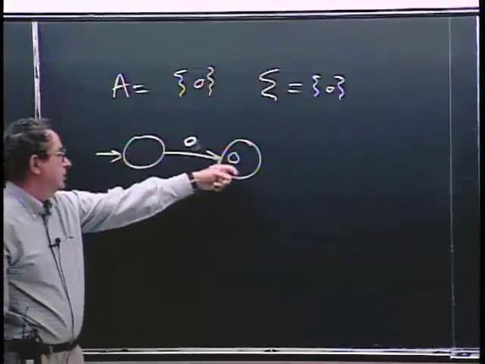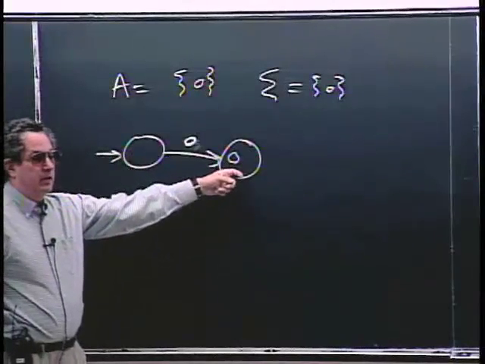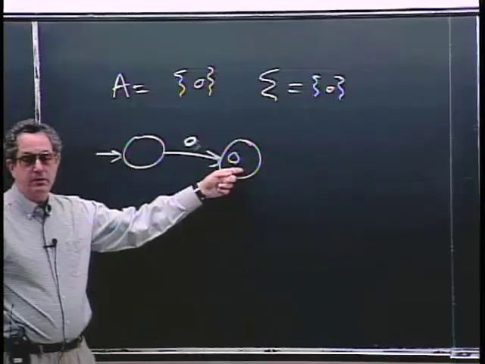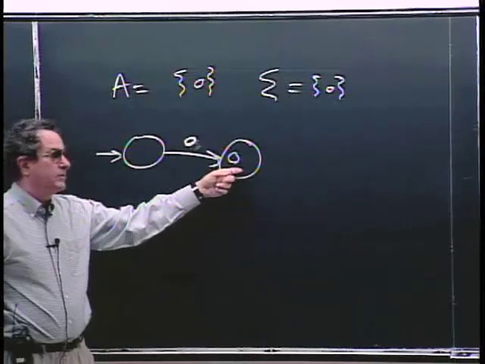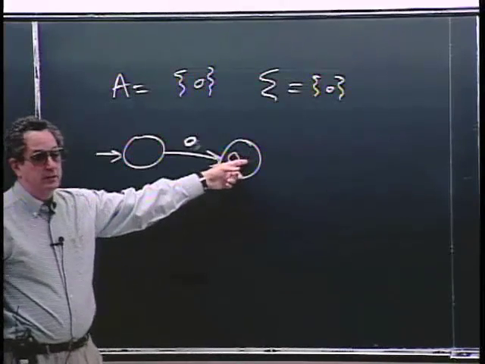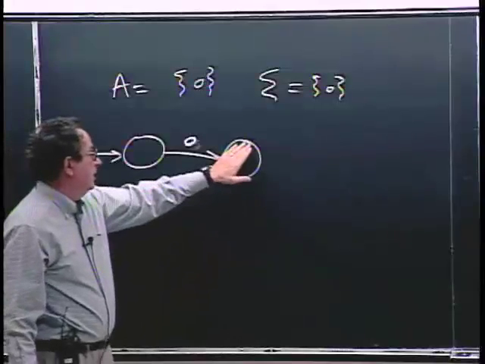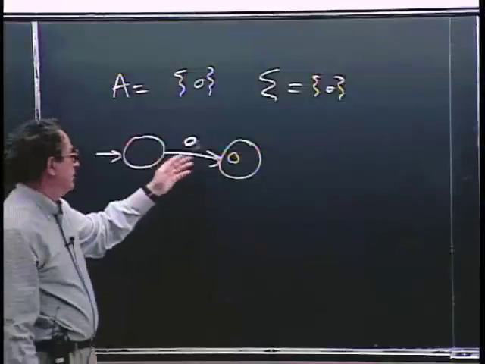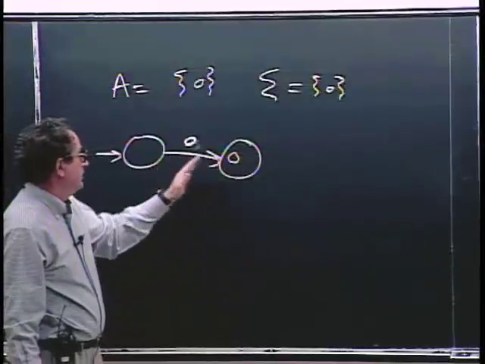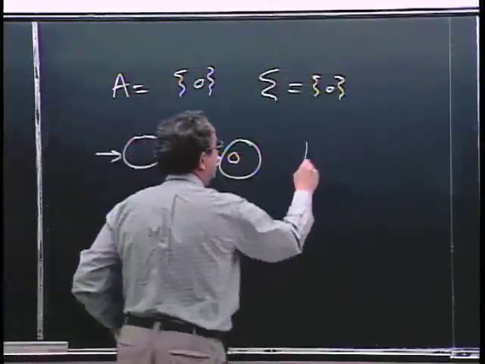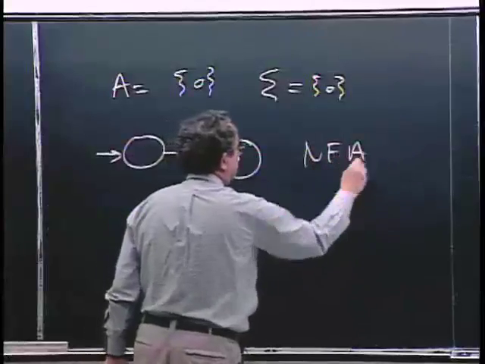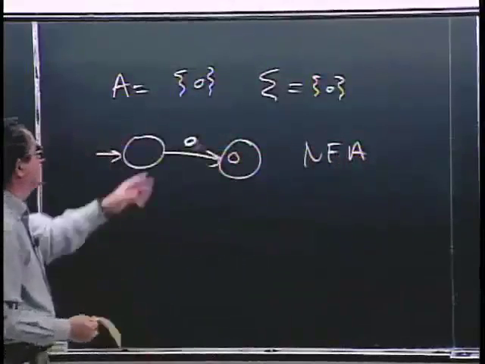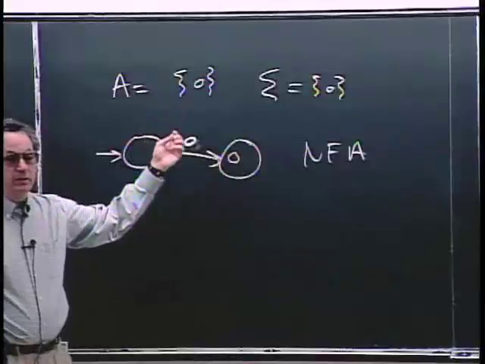You read the first one, it gets there, and then when you see the second zero in the string, there's no edge out of here with a zero, so you're not at the end of the string, so that computation dies, and this was the only way to branch anyway. So this is an NFA that recognizes this language, and that's a perfectly good NFA that does that.